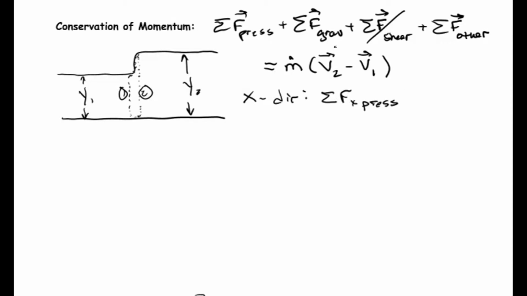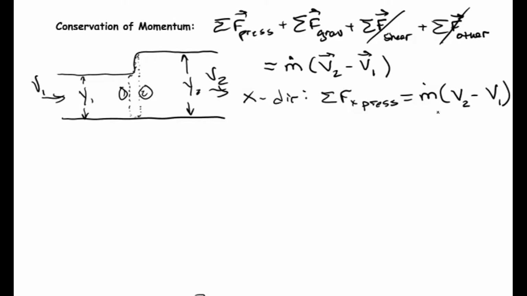No more gravity. Oops, I should have crossed out this other because we're not cutting through any solids. That is going to equal m dot times our v2 vector in the x direction, well, that's just v2 minus v1. So if we call this v1 and this v2, then there we have it.